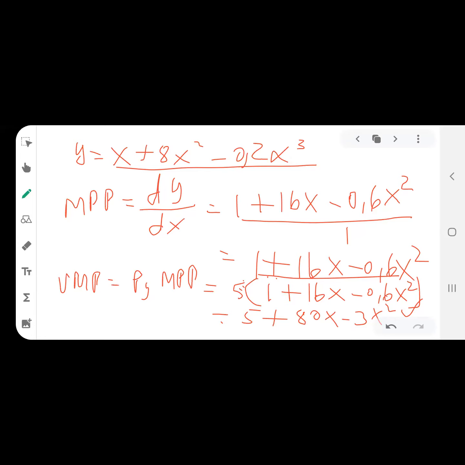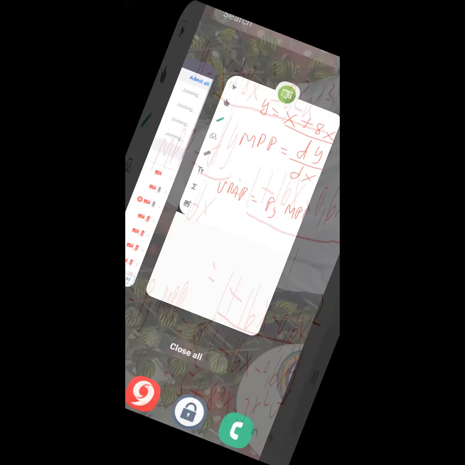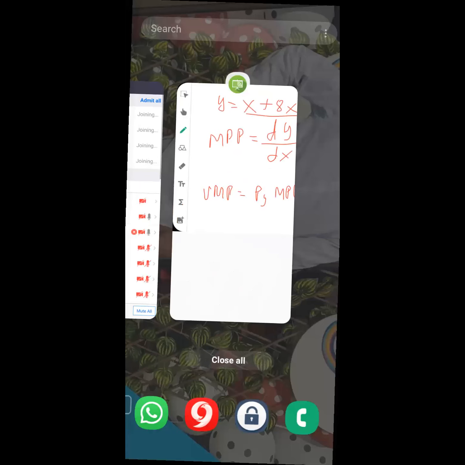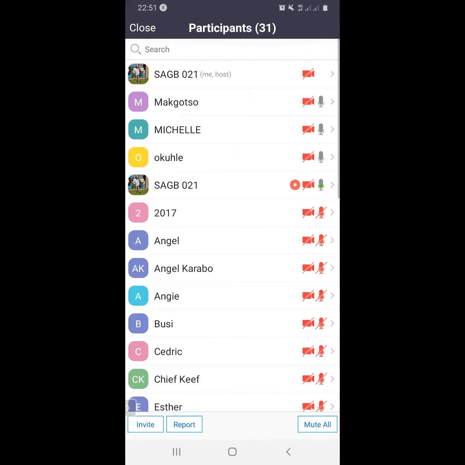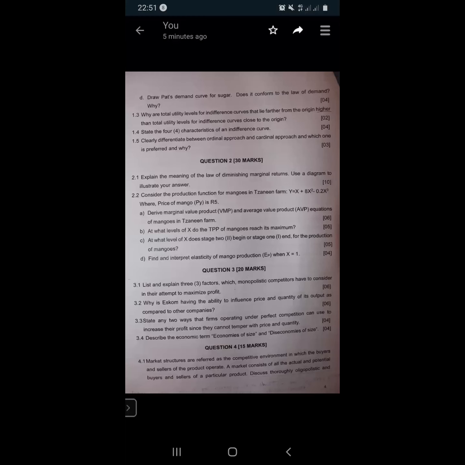So let's check another question. It says, at what level of X does the TPP of mangoes reach its maximum? What does it mean? What are you supposed to do with this kind of question?